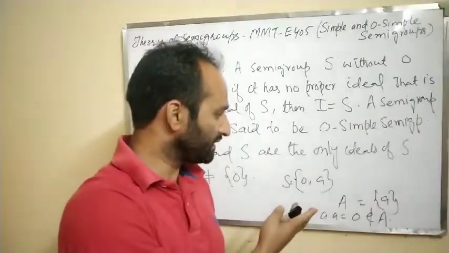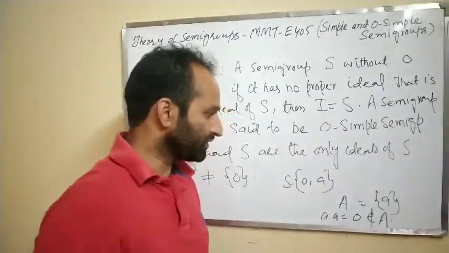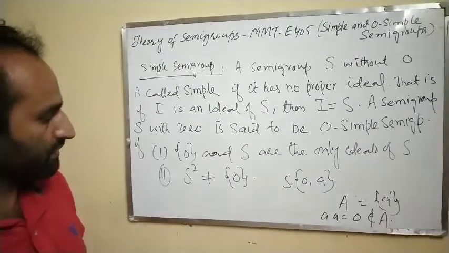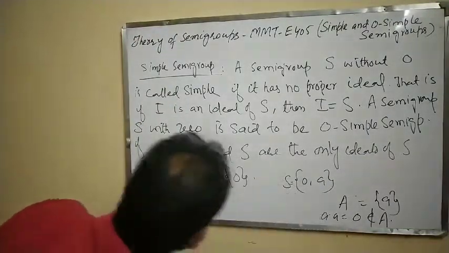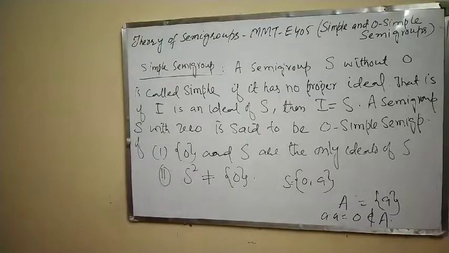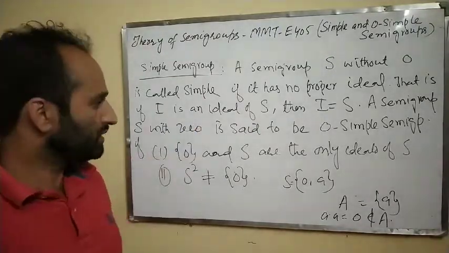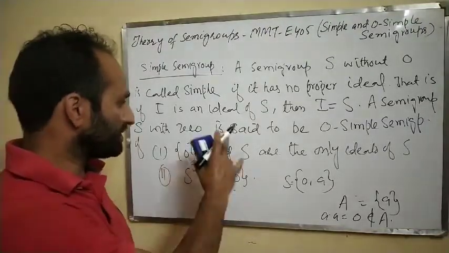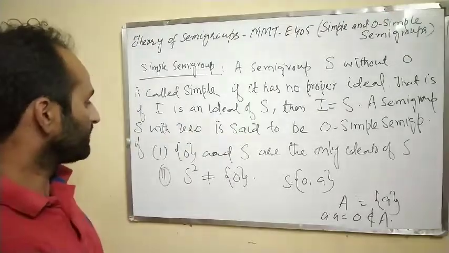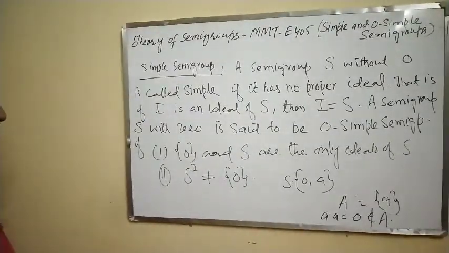Two-element null means a semigroup having two elements, where the product of any two elements is equal to 0. So S square should not be equal to 0. That's the second condition for the semigroup S to be a zero simple semigroup. So first condition, 0 and S are the only ideals of S, and second condition, S square is not equal to 0.